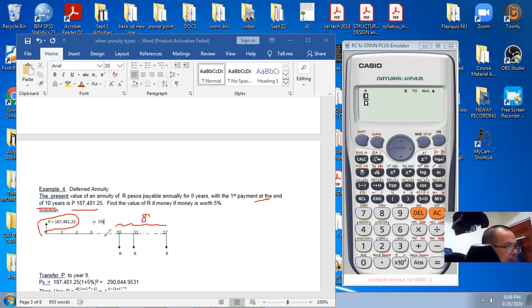So, ang gawin mo, para magamit mo yung formula ng ordinary annuity kasi may gap, kailangan malipat mo to sa 9, yung itong value na to. Okay? And how do you do that?